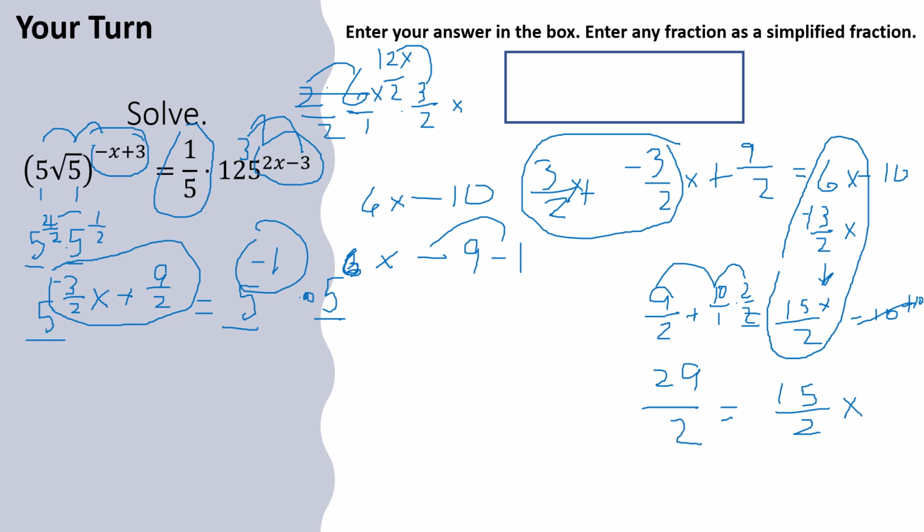All right, remember we're solving for x, so we want to get rid of whatever's next to the x. So we're going to multiply by the reciprocal, 2 over 15, to solve for x, and we'll get x is equal to 29 over 15.